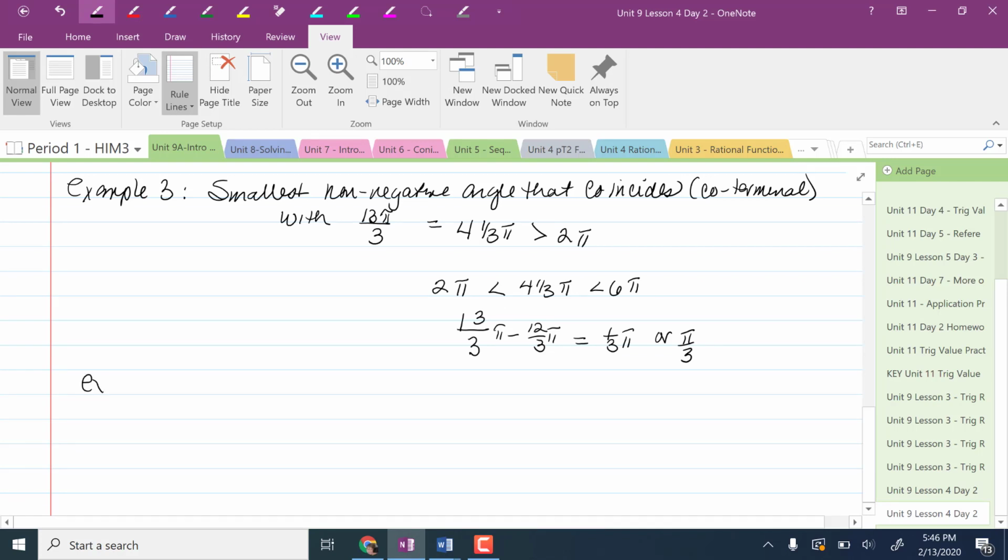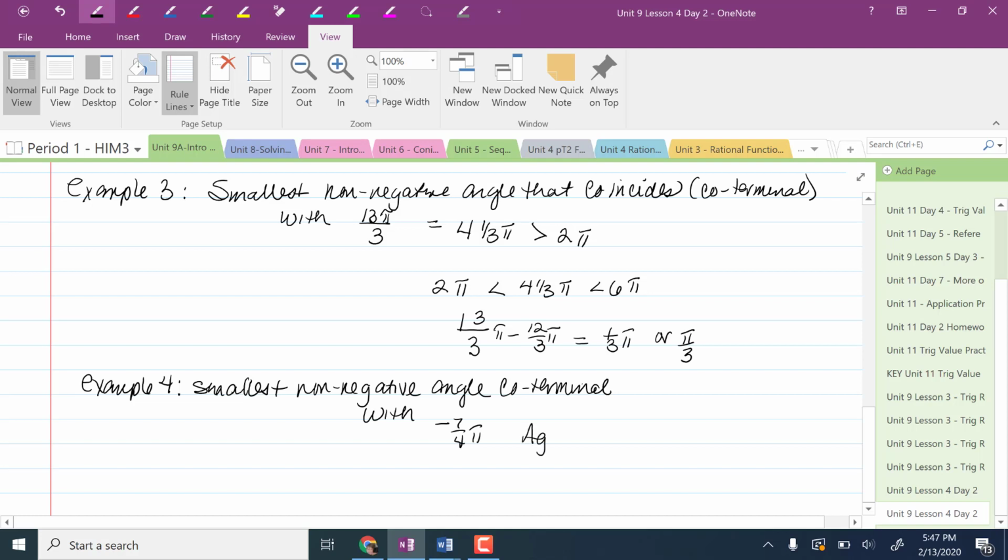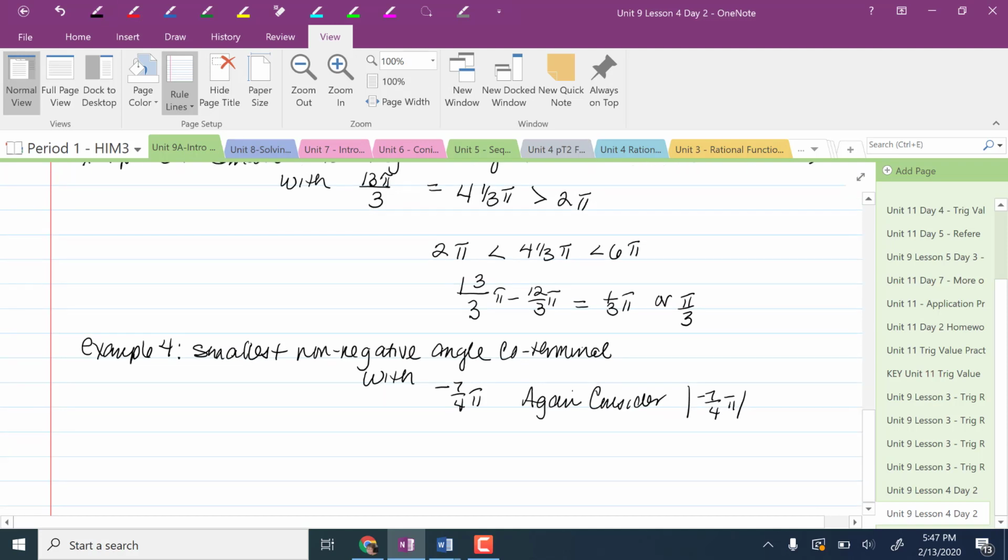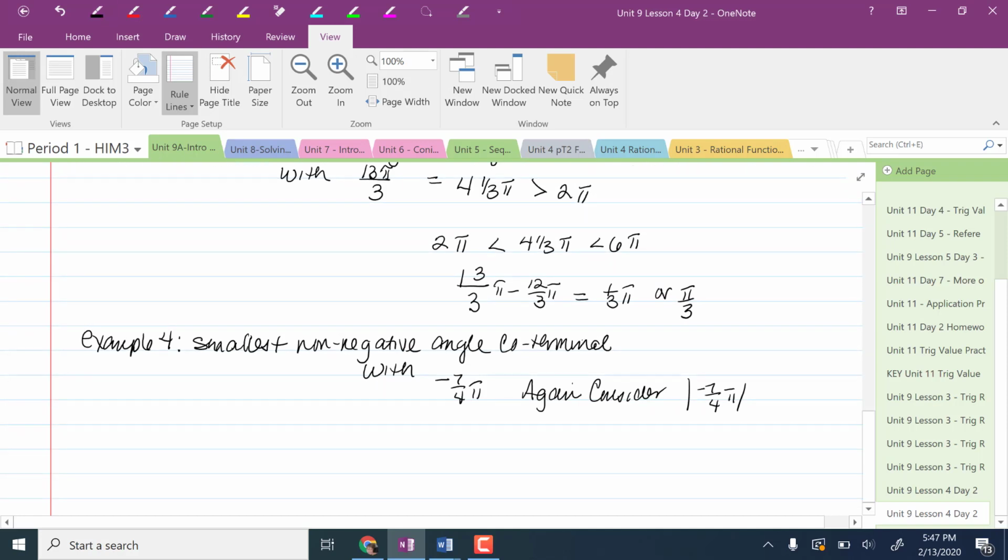Okay, we'll look at another one here. I need the smallest non-negative angle that is coterminal with negative 7/4 of pi. So again, we're going to consider the absolute value of this, because the negative just indicates direction of rotation.